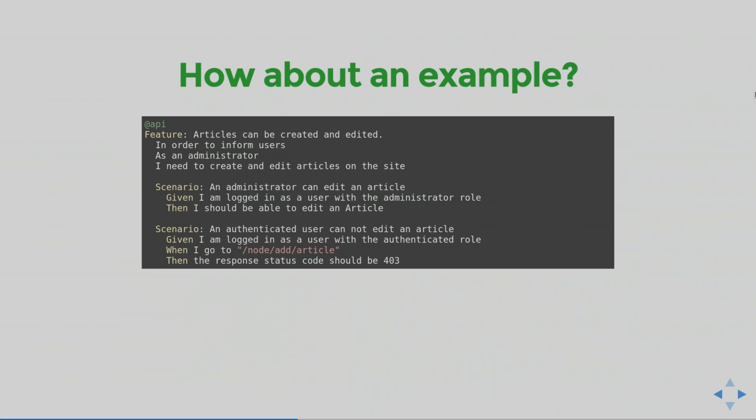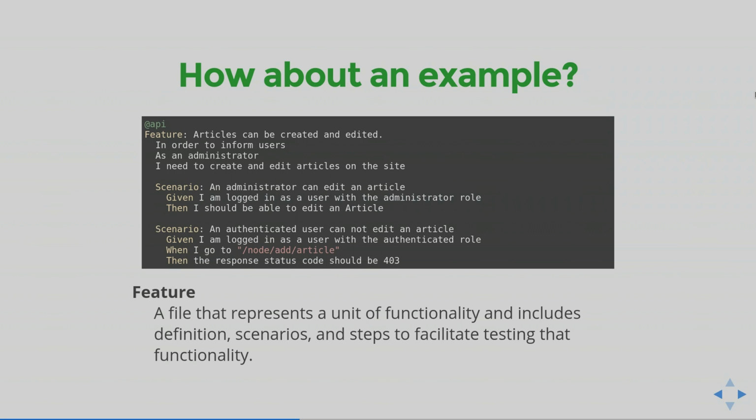So let's dive in. Here's an example. I'm just going to go over, at a really high level, what you're looking at here, and then we'll jump into actually getting set up. There are some terms that I'm going to go over. What you're looking at right now is a feature file. A feature contains a description of what that feature does.